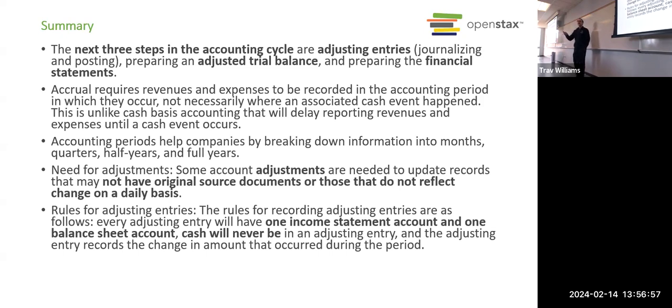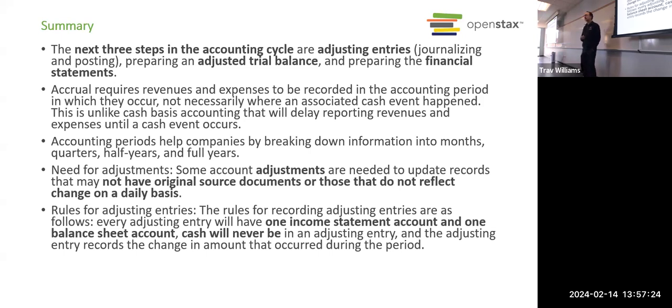Yes, identify and analyze transactions. Perfect. Then what do we do after that? Journal. Then step 3 is the ledger, right? Step 4, what was step 4? Unadjusted trial balance, great. Then we get to this chapter, and step 5 is what?